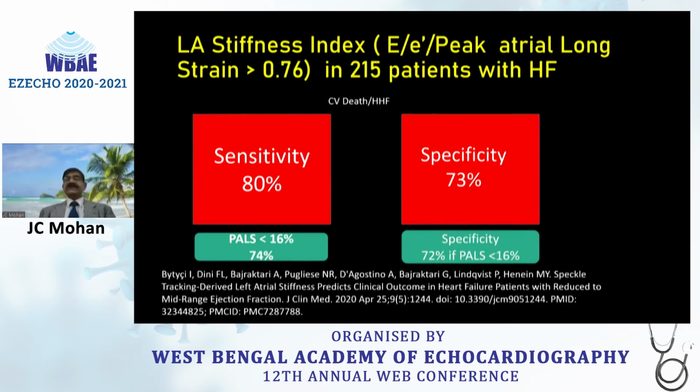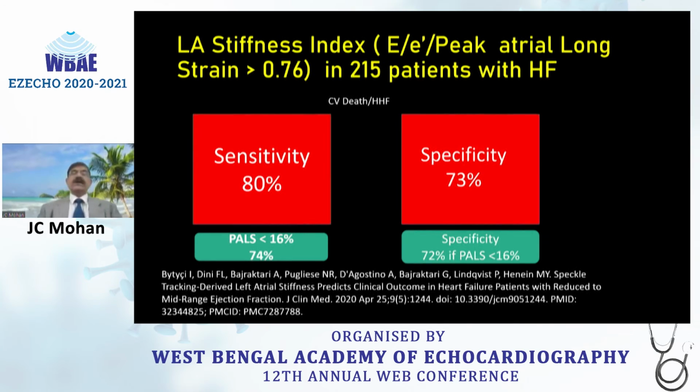Left atrial stiffness index is another parameter which has been suggested in heart failure patients. It is a ratio of E to E prime to peak atrial longitudinal strain. Typically, it will be 0.3, as I already said, but if the value is more than 0.76, it has great sensitivity and specificity in detecting future cardiovascular death and hospitalization for heart failure.